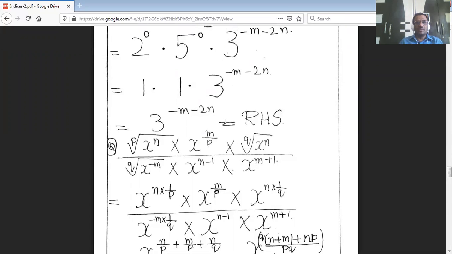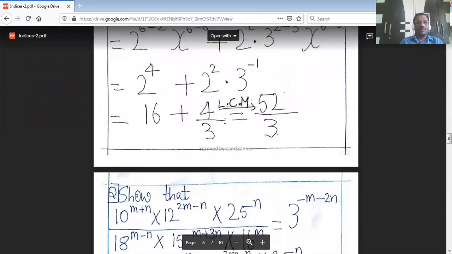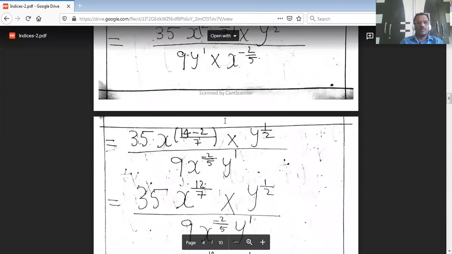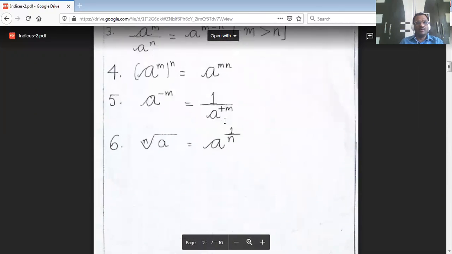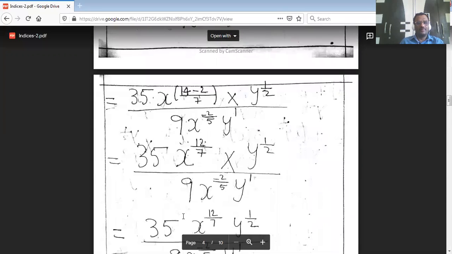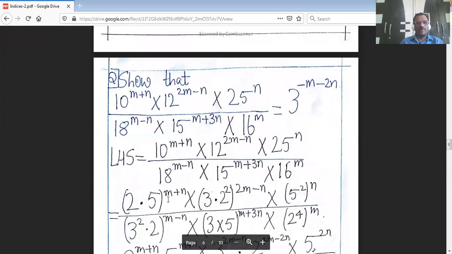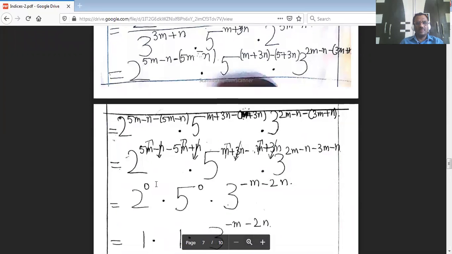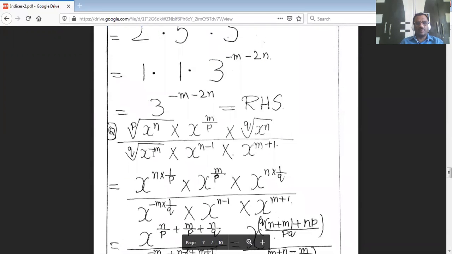If you have understood my previous problem with respect to the roots and applying the law of the nth root of a, similarly you can solve this problem too. But here it is all about algebraic expressions.